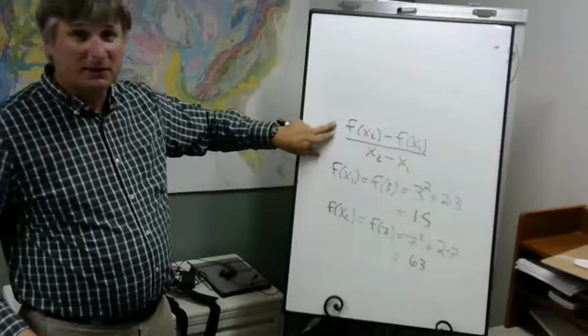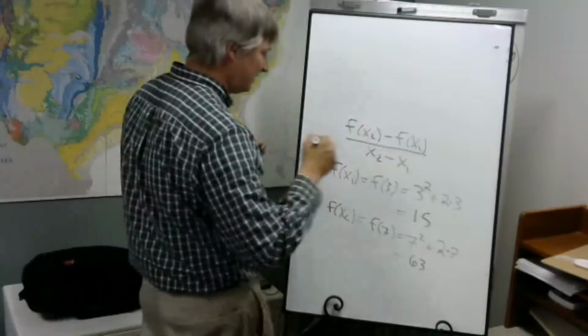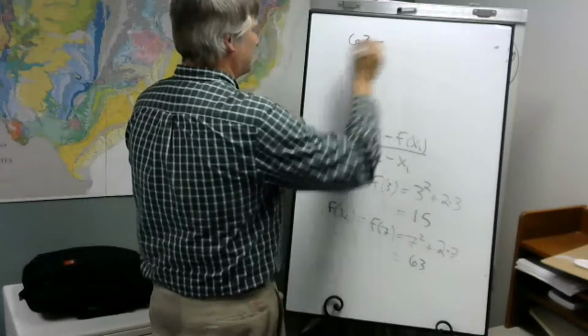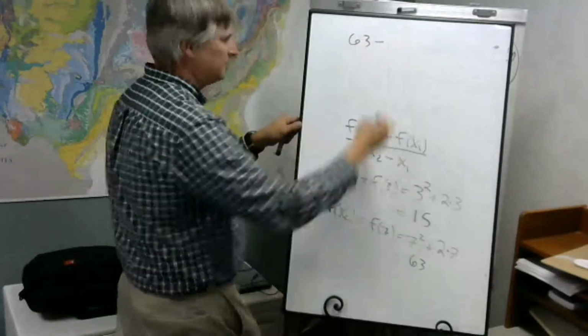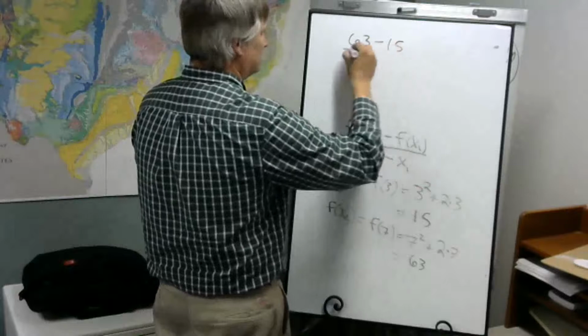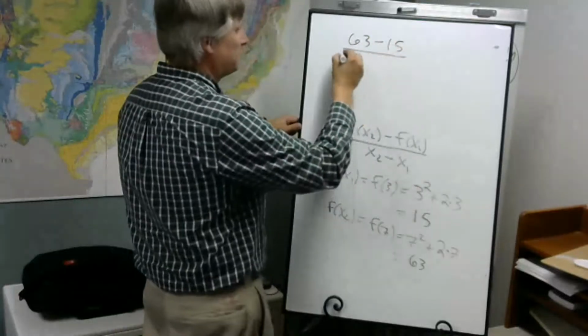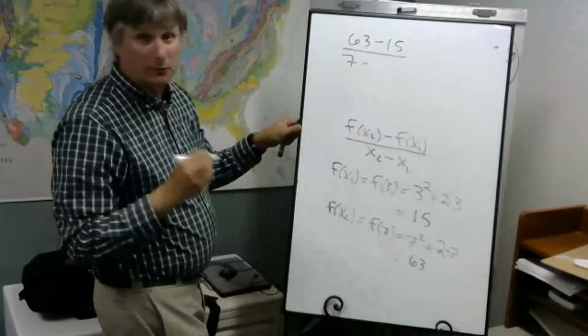So putting this all together, f of x2 was 63. f of x1 is 15. x2 was 7 and x1 was 3.